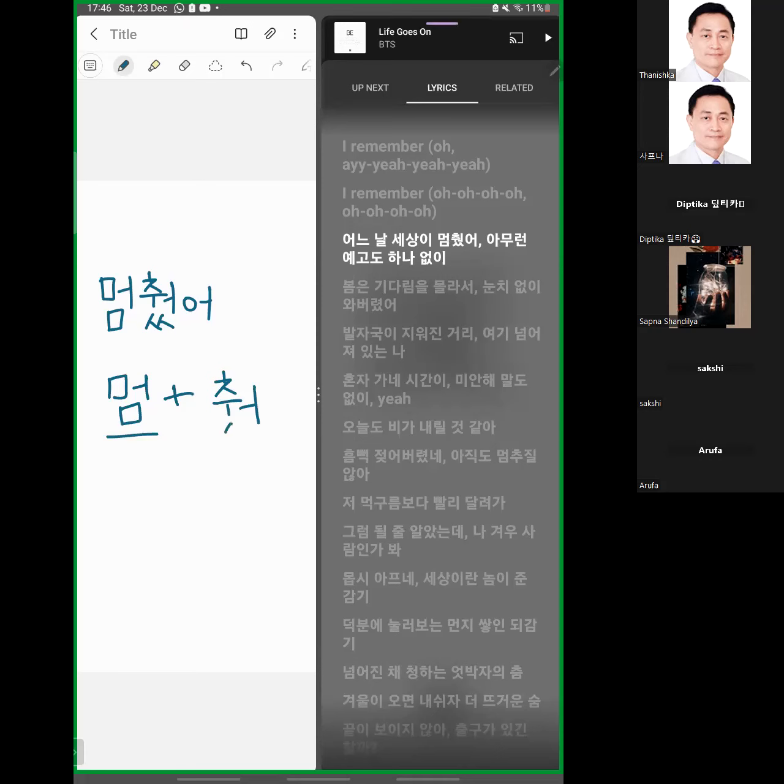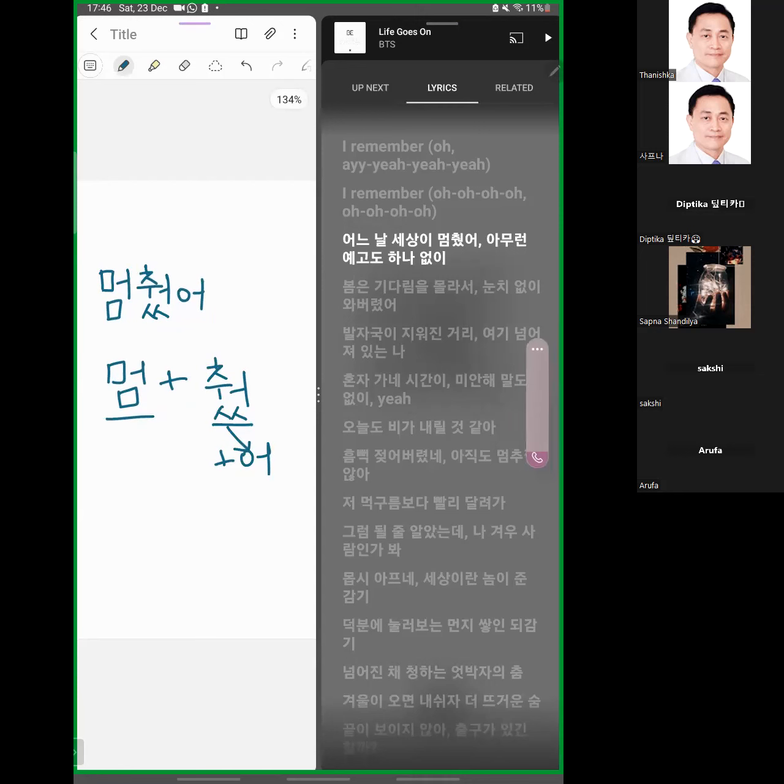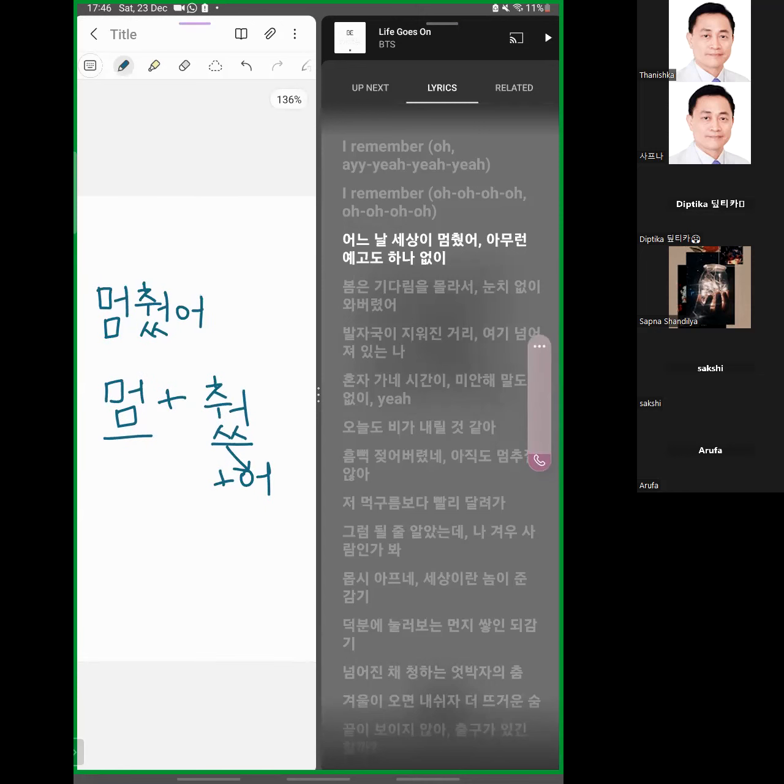And then here you have a final consonant, right? Then the final consonant is followed by a vowel. So what would the rule say? We have to read it with the third part, like saw.